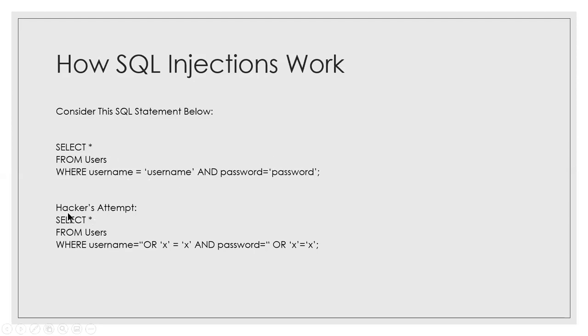Well, here's what a hacker would attempt to do. Select all from users where username is assigned, double quotes or single quotes around X, assigned single quotes around X, and password assigned double quotes or single quotes around X, assigned single quotes around X. This X assigned to X statement will always prove to be true.